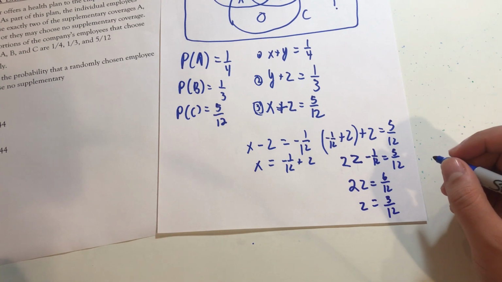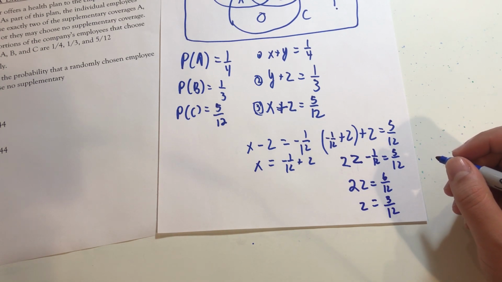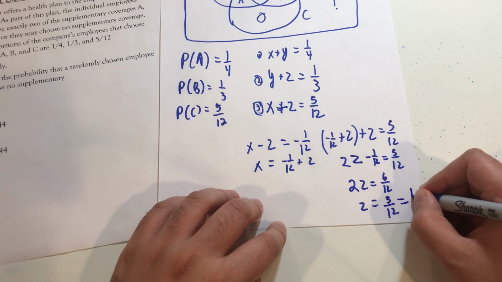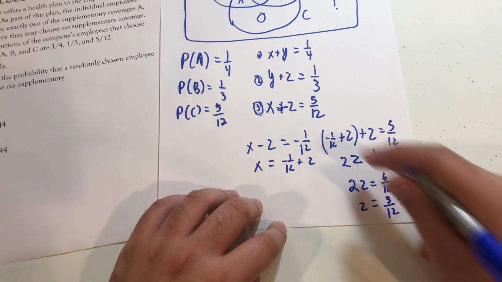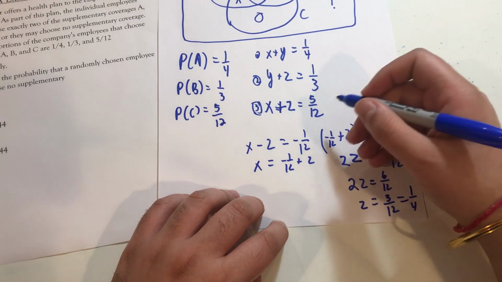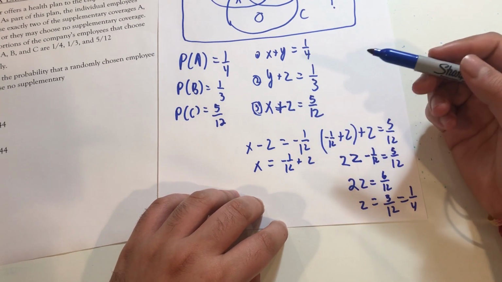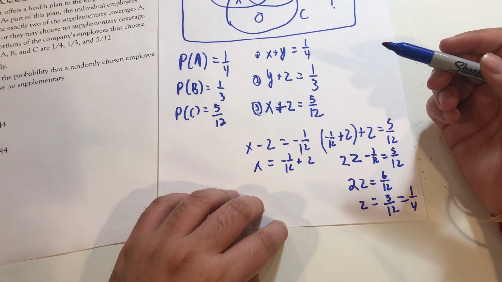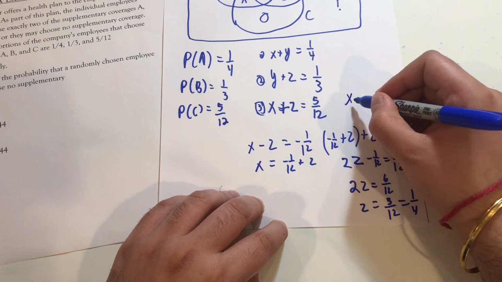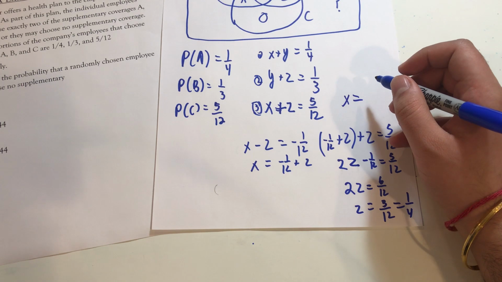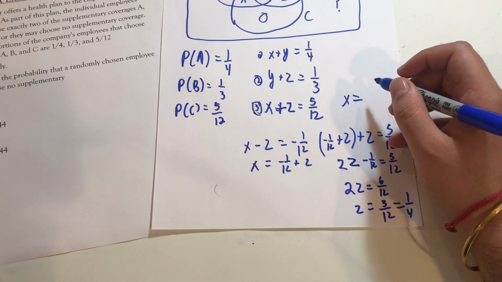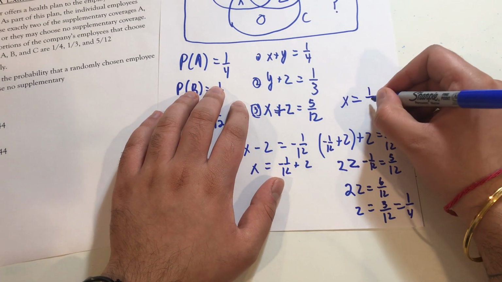All right, hopefully that wasn't too bad. Should be pretty simple. And then this obviously simplifies to 1/4. Now I can substitute it into equation 3. By substituting 1/4 for z, I get x plus 1/4 equals 5/12, which would then allow me to find that x equals 5/12 minus 1/4, and I get 1/6.